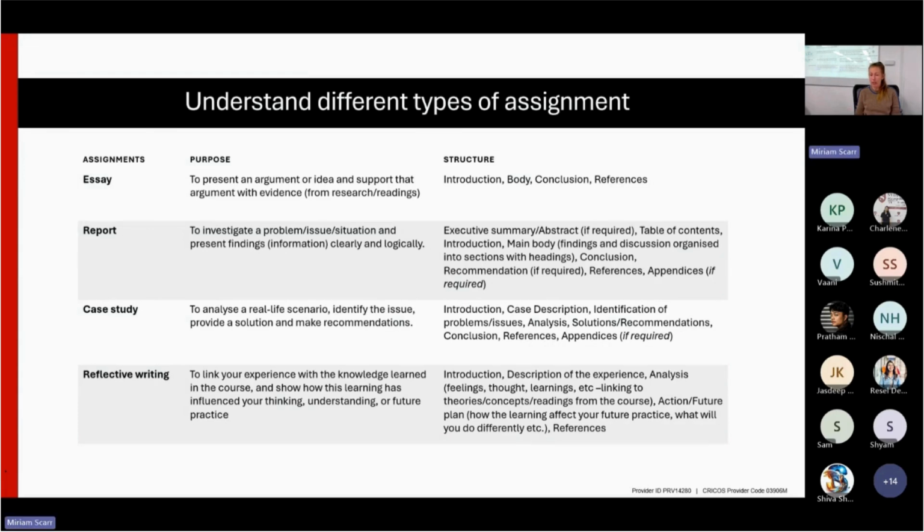So this includes an introduction, description of the experience, and analysis, which includes our own feelings, thoughts, learnings, etc. And we link that to the theories that we've also learnt about, so concepts and other readings from the course. We often discuss action and our future plan.